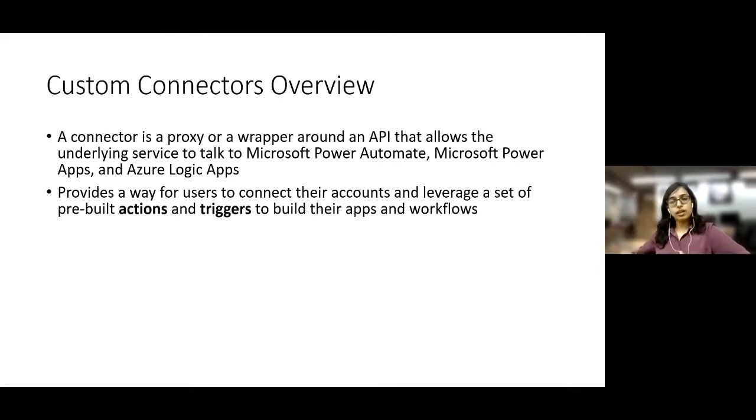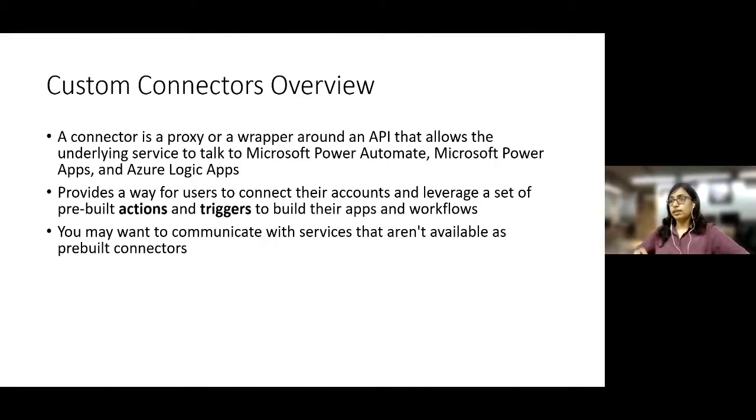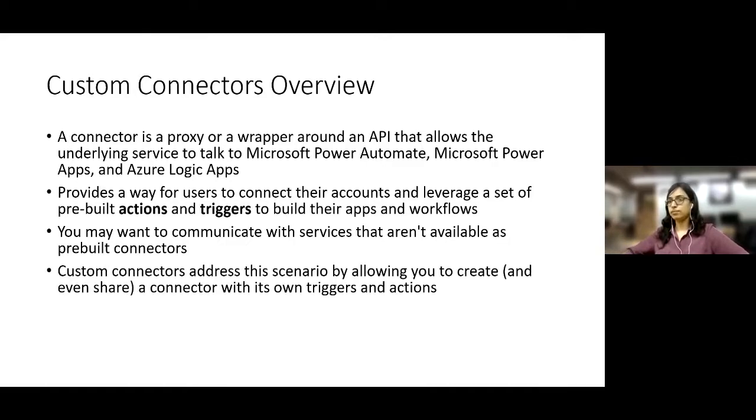So there are already some pre-built actions and triggers, which are connectors, available in Power Apps or Power Automate you are working with. But there could be a scenario where you want to connect to a service or a product which is not available in pre-built connectors. And that's what we'll understand, what to do in that scenario, in this session today.